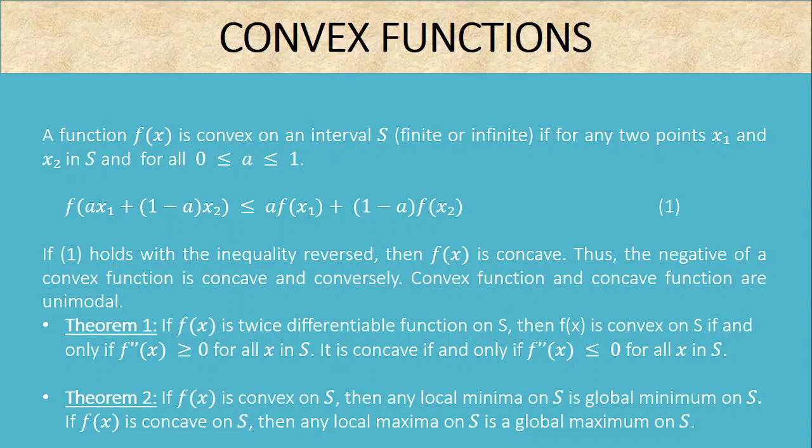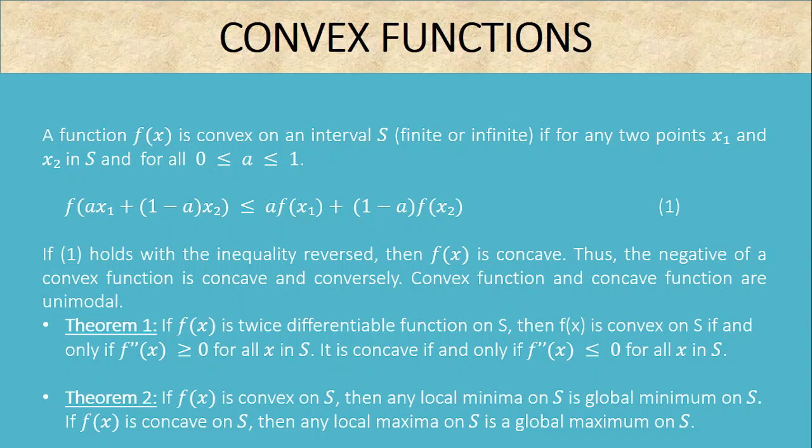Then we say that the function f(x) is a convex function. If the inequality is reversed, then f(x) is concave. The negative of a convex function is concave and conversely. Convex functions and concave functions are unimodal.